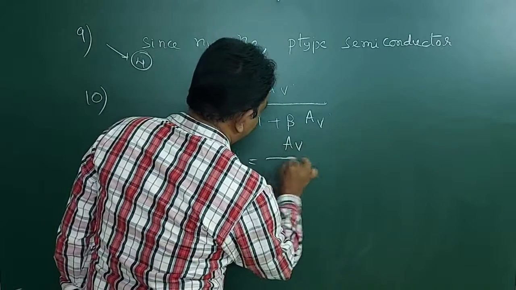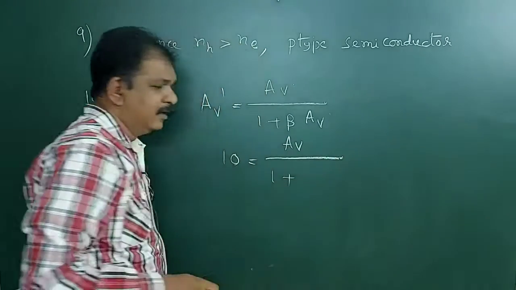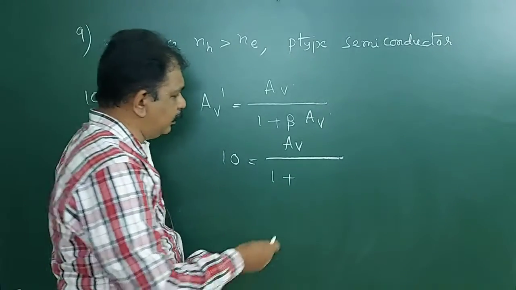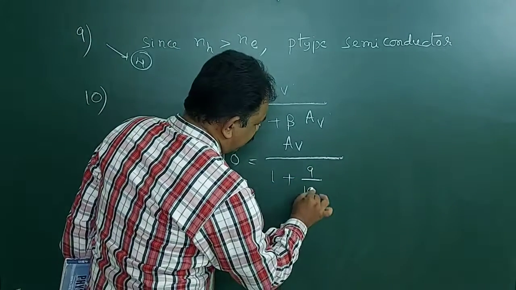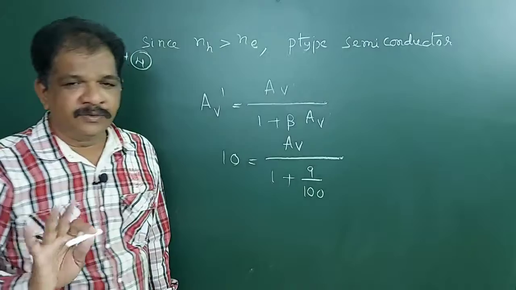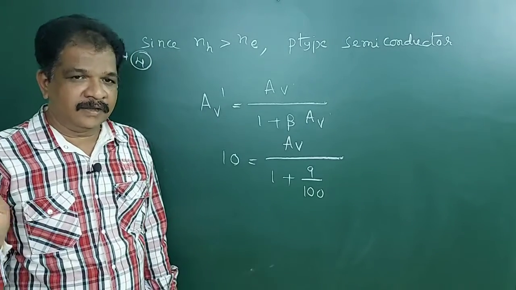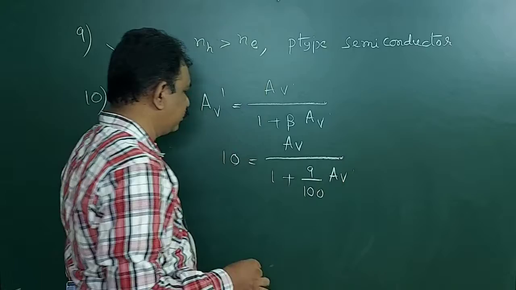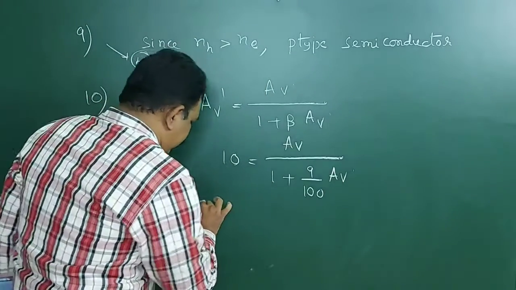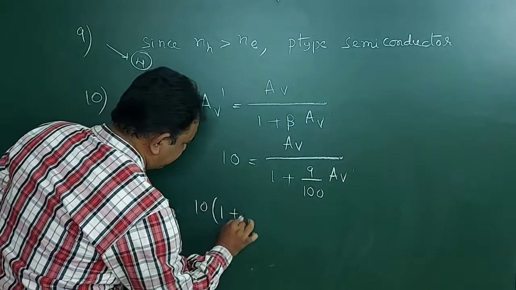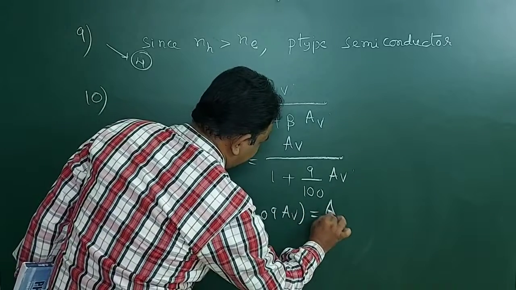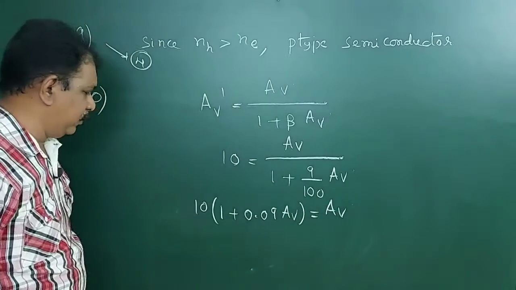AV by 1 plus 9%, they gave, so 9 by 100. Don't take negative feedback as minus, just take it as 9% into AV. Okay, so 10, cross multiplication: 1 plus 0.09 AV is equal to AV.